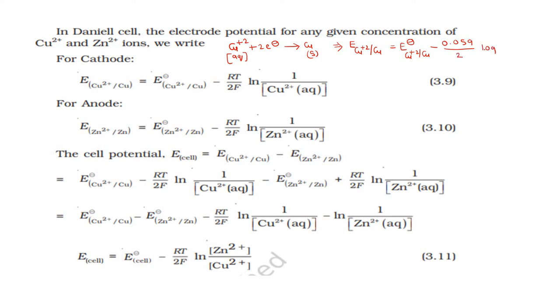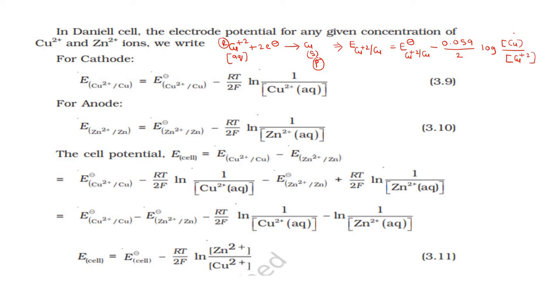Log concentration of product, here the product is copper, divided by concentration of reactant. This one is the reactant, Cu^2+, and this one is the product. You won't take the electrons here.